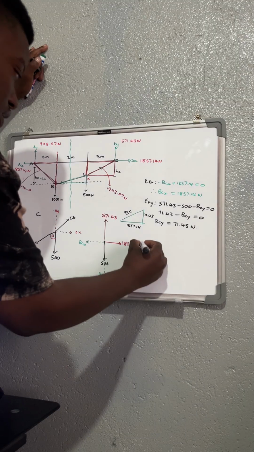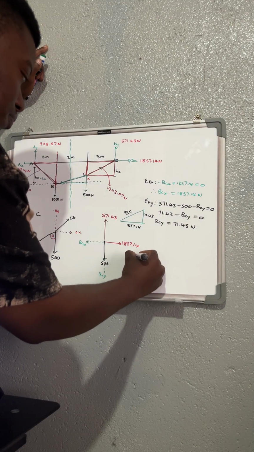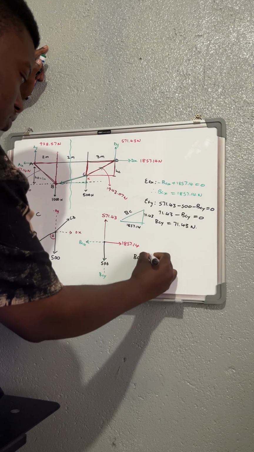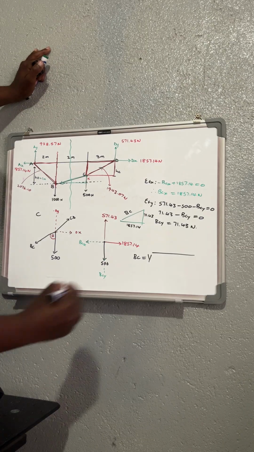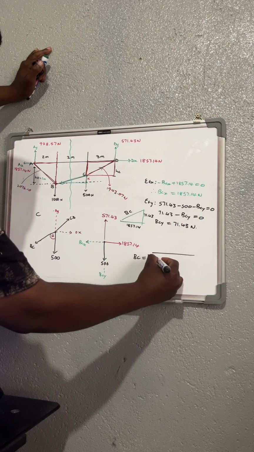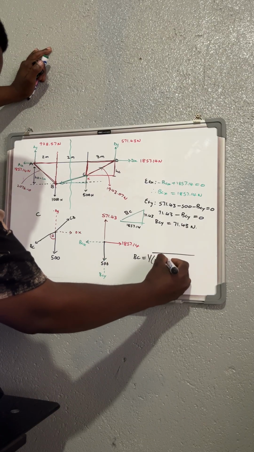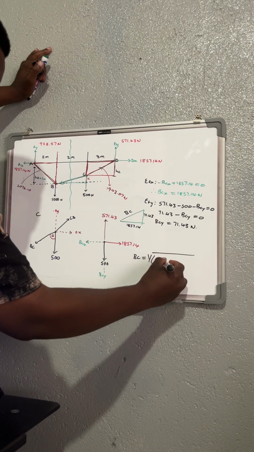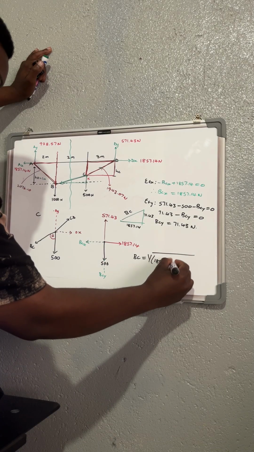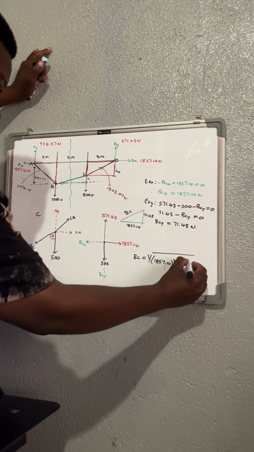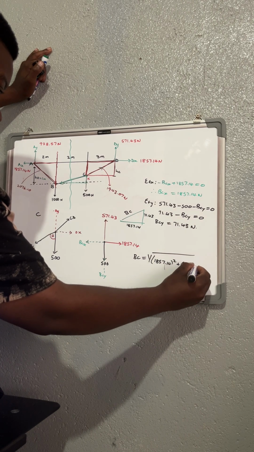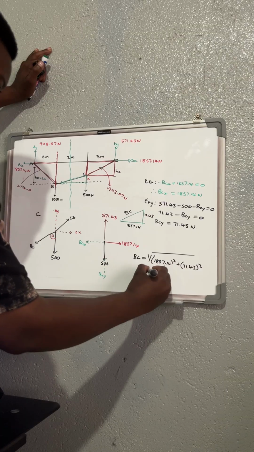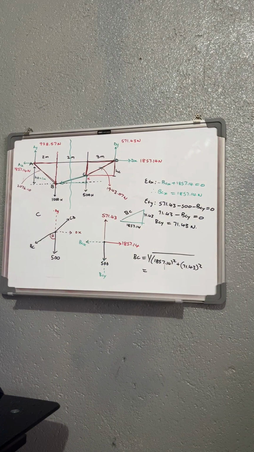So now we can say, what is the BC? We'll say BC is equal to the square root of 1857.14 all squared plus your 71.43 all squared. You see? So it's this one. Then what are we getting with that?